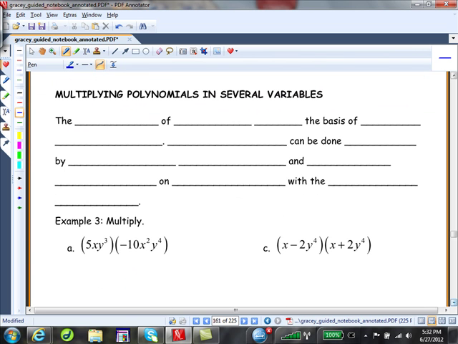Multiplying polynomials in several variables. Okay. The product of monomials forms the basis of polynomial multiplication.